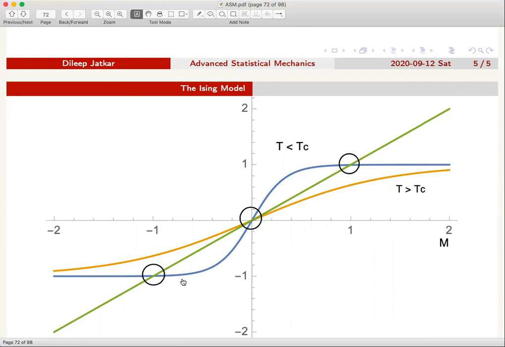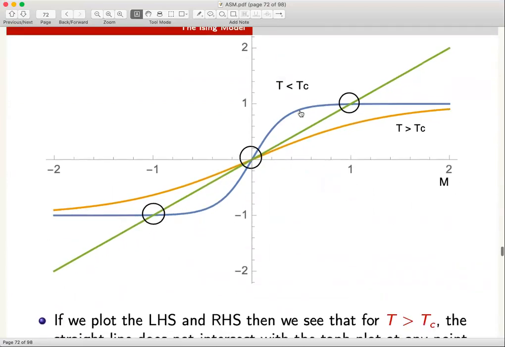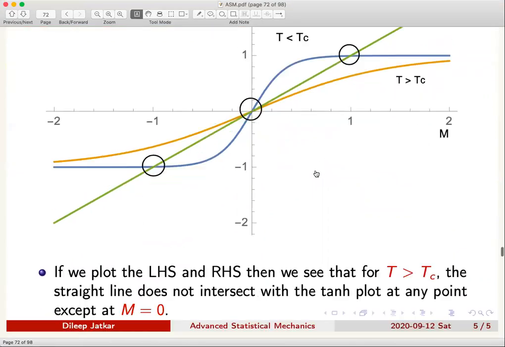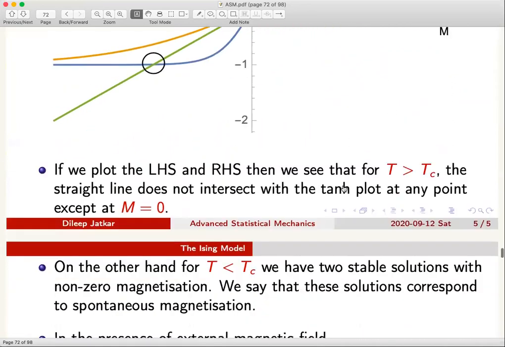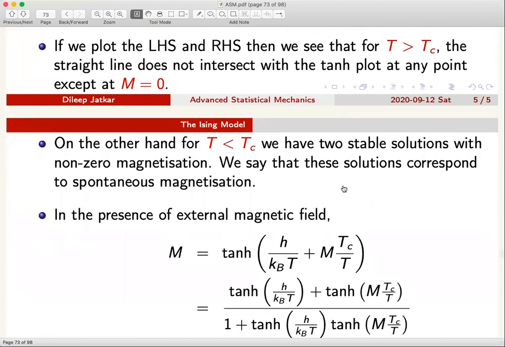Although we did not do the analysis in this fashion, as we go ahead, we'll see why m equals 0 is unstable and m not equal to 0 is a stable point. But that is how the graphical depiction was. And then we claimed that if you are at temperatures higher than Tc, then there is no spontaneous magnetization, but T less than Tc, you have spontaneous magnetization.